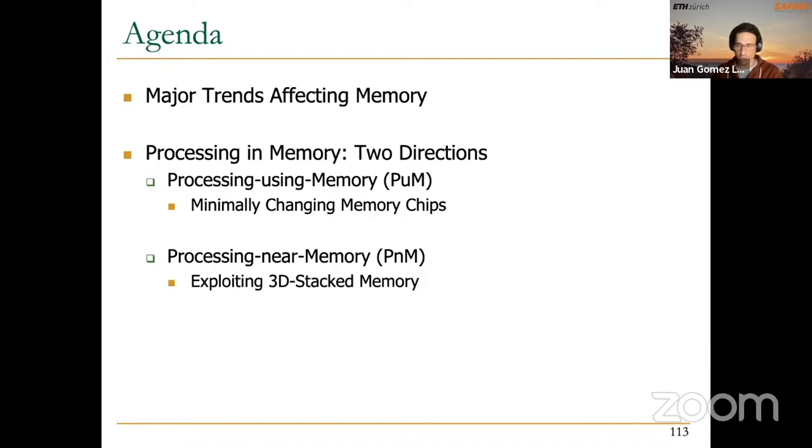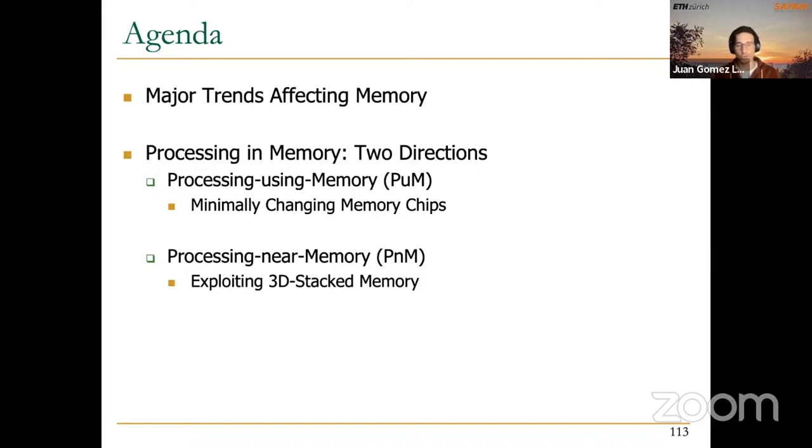Also in caches, there are processing using memory proposals. There are several interesting proposals, and even some chips being fabricated, that take advantage of the analog operation of SRAM in a similar way to what I explained for RowClone and Ambit in DRAM. I mentioned non-volatile memories, but something like that is also possible in SRAM.